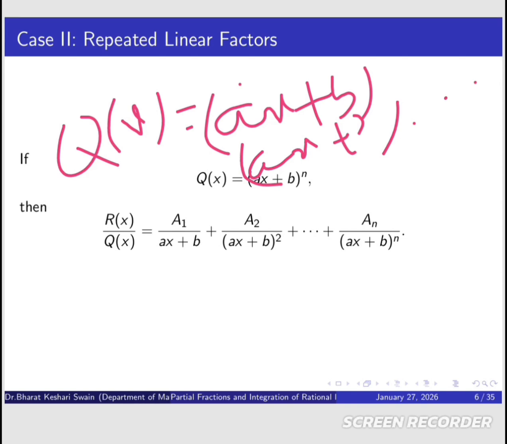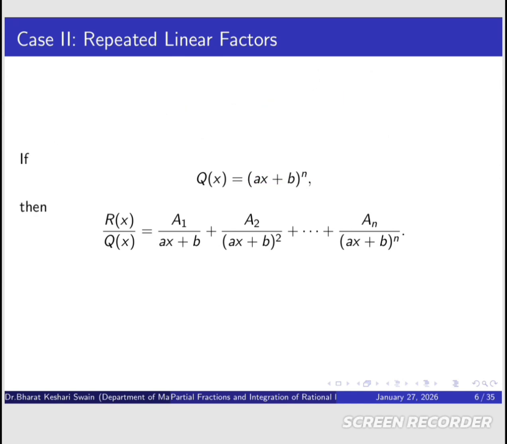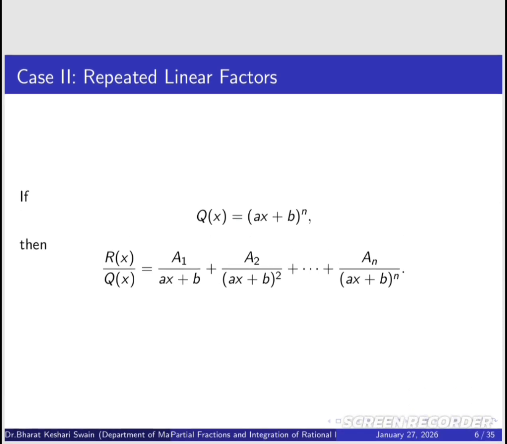That means the same factor is repeated n times. That's why q of x is ax plus b to the power n. That means we have n factors but they are repeated.